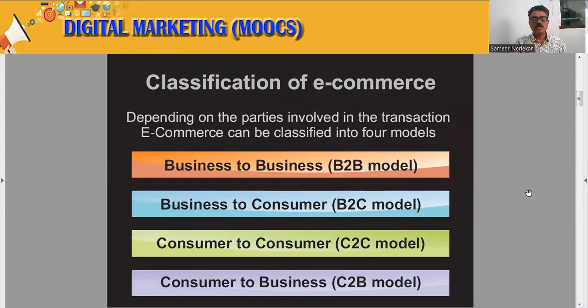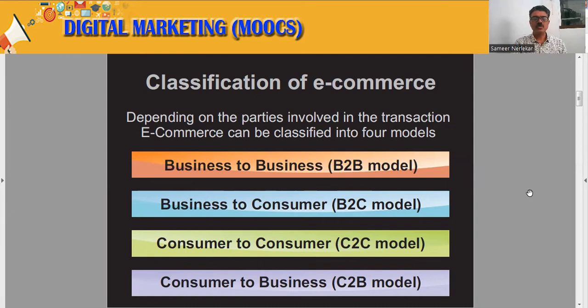The e-commerce is classified into 4 different parts. So that is called the classification of e-commerce. Depending on the parties involved in the transaction, e-commerce can be classified into 4 models. The first model is the business to business model, which is called the B2B model.